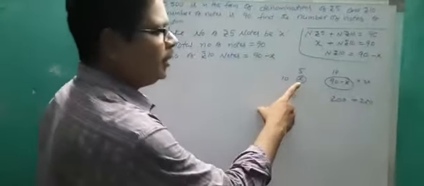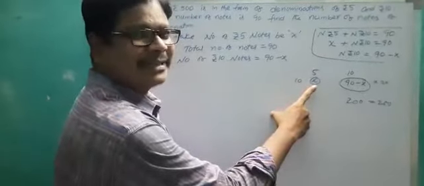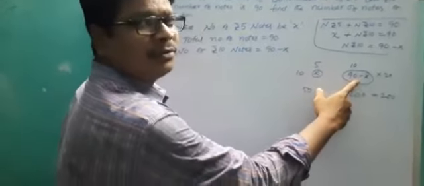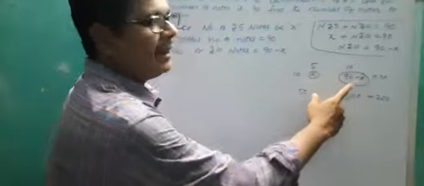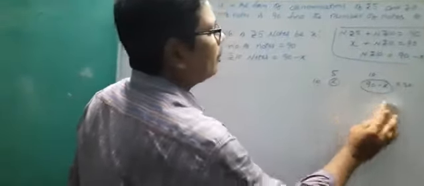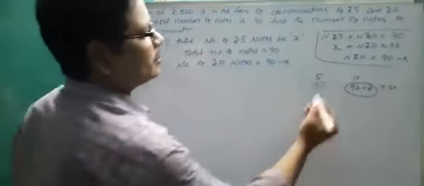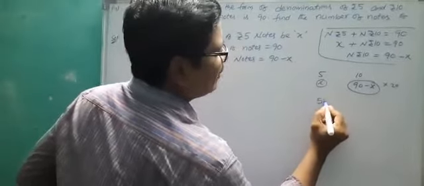But do you know how many notes? How many 5 rupees notes do we have? Don't know. Let us consider x. How many 10 rupees notes? We don't know. Let us consider 90 minus x. Now you have to find the product for 5 rupees notes, so 5 into x, 5x.